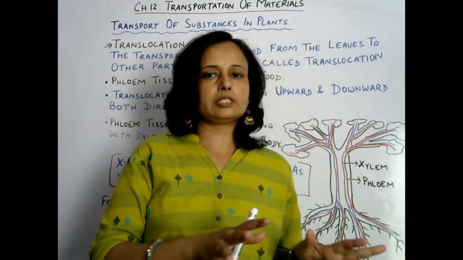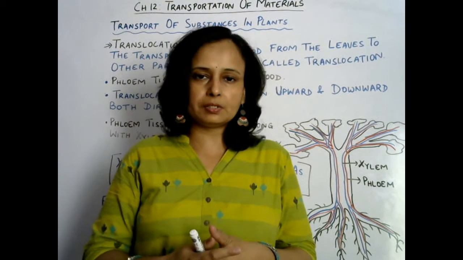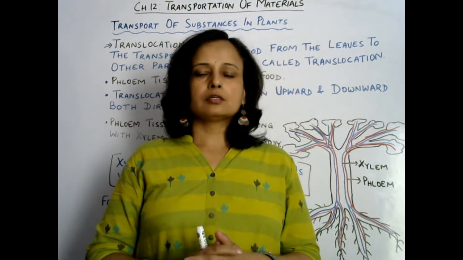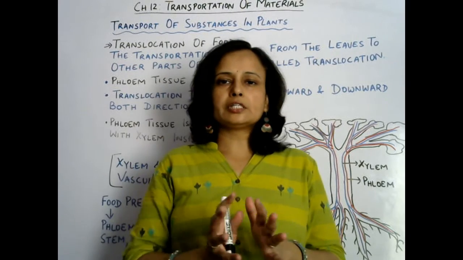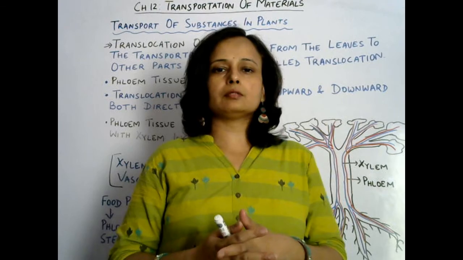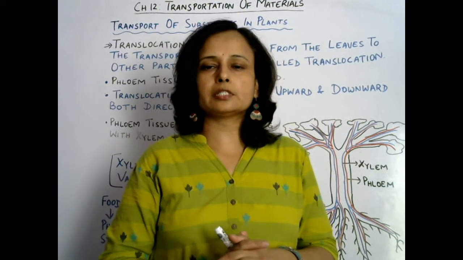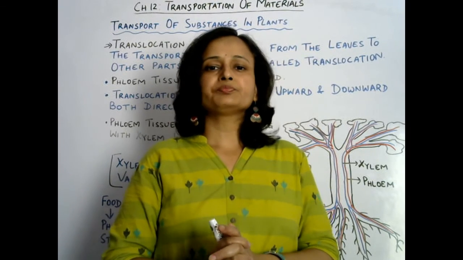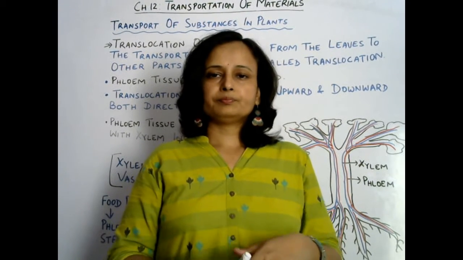We studied about excretion in animals and human beings. So if we talk about excretion in plants, there are not many excretory things seen in plants, not much excretion takes place in plant, but still there are few substances which are excreted in plants, like gums, resins.